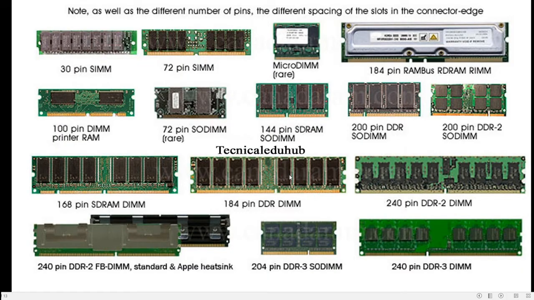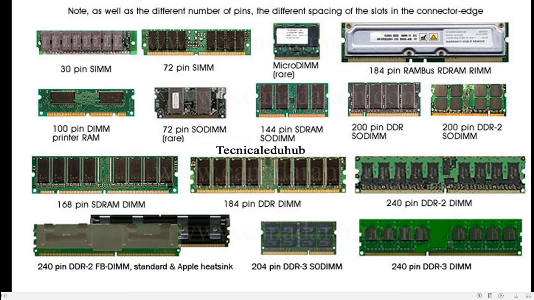Now there it is. You can see there on the screen a lot of the different types of RAM. And you can see there's a SIM, single inline module, only ICs on the one side of the chip. There's another SIM, a 30-pin SIM, which was a shorter SIM, then a 72-pin, which was a longer SIM.